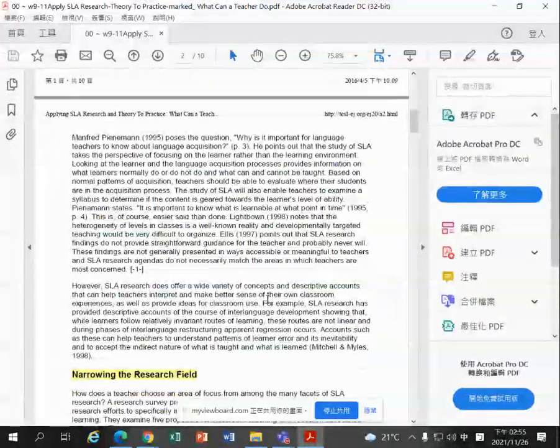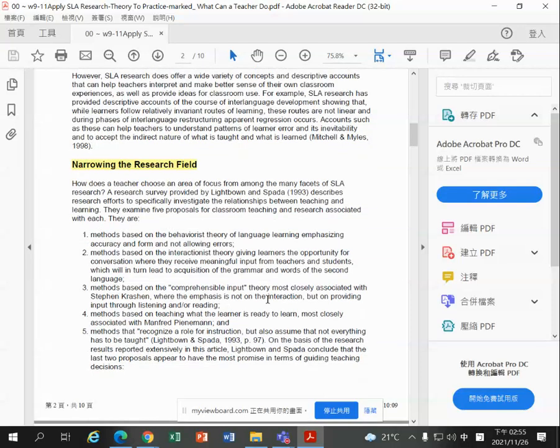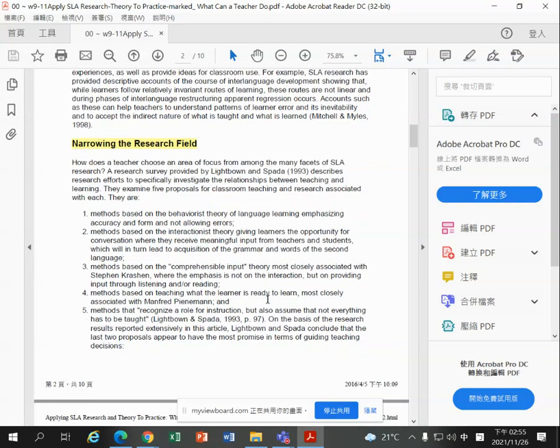So if you have time, you really should browse them to give you an overall idea. Because it provides some general guidelines and also important studies and methodologies. How do you do some kind of method? What are the constructs that you should pay attention to? So it's a very good review.